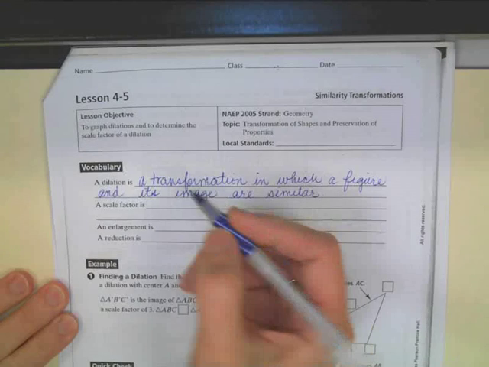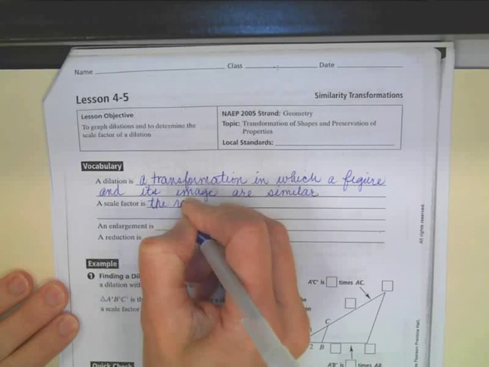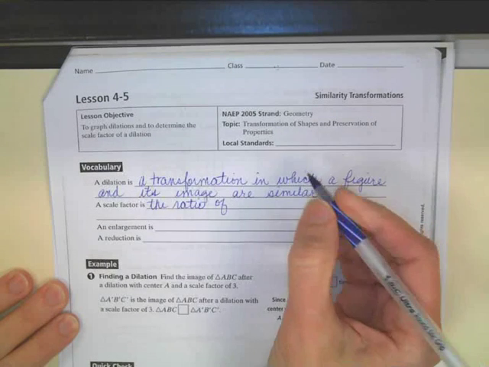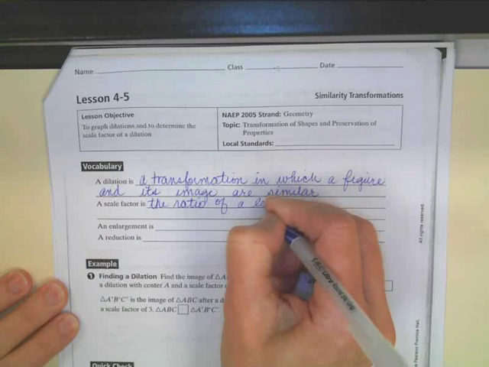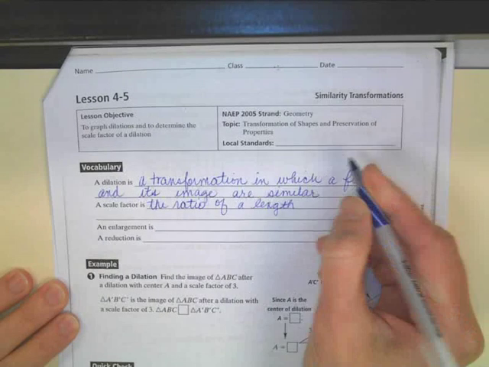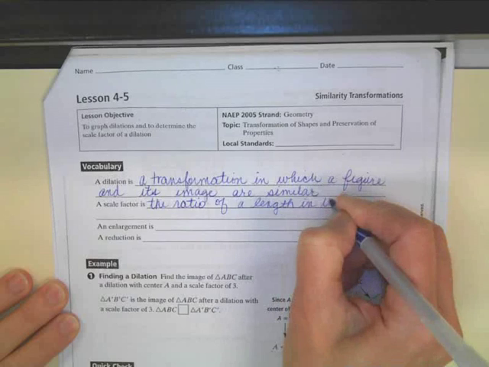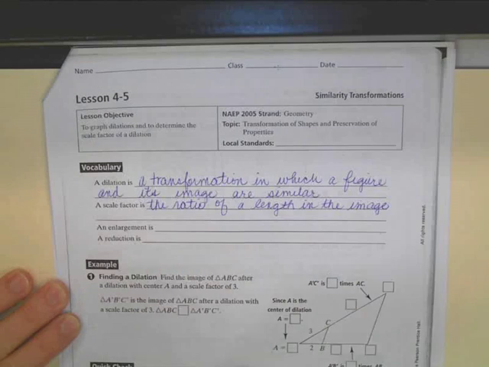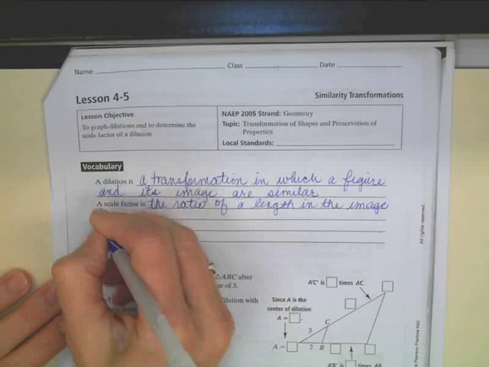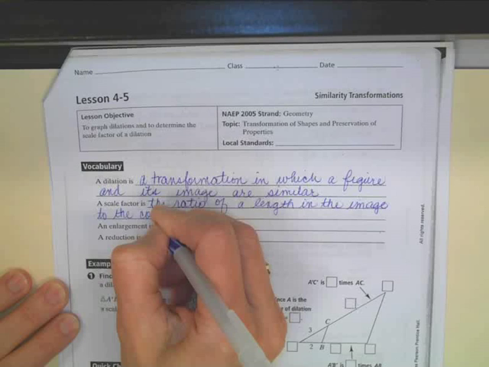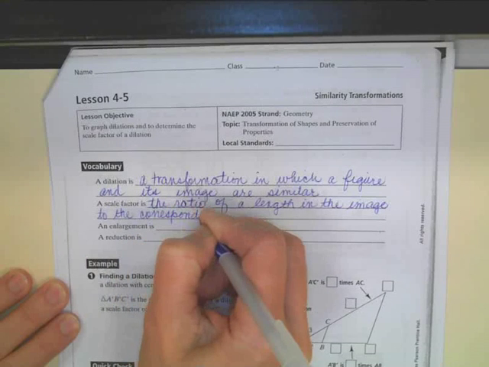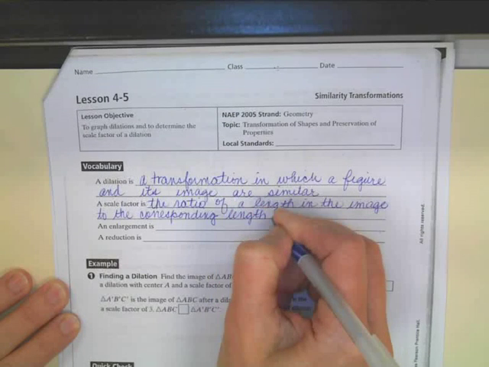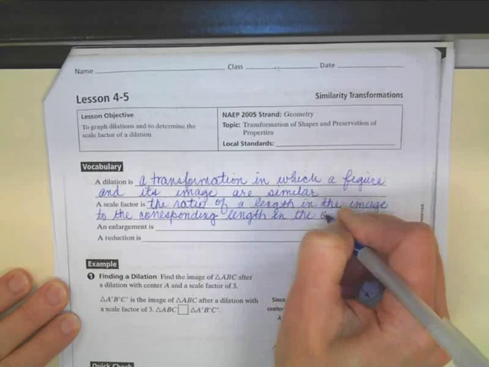The scale factor is the ratio of a length in the image, and the image is the new picture or the new shape, to the corresponding length in the original figure.